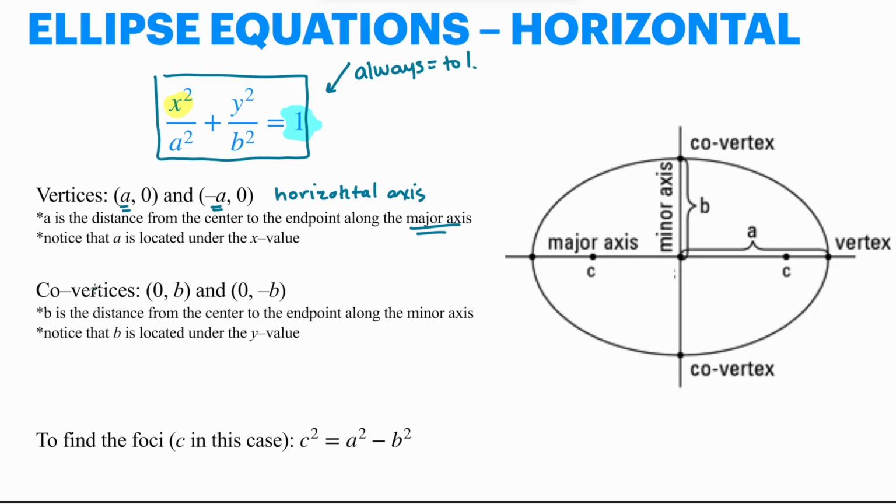The co-vertices go along the minor axis, which in this case is the vertical axis, which deals with the y values, and B is underneath the y value in the equation. Later, when we deal with the foci, we represent that by C, and this is how you will find C.